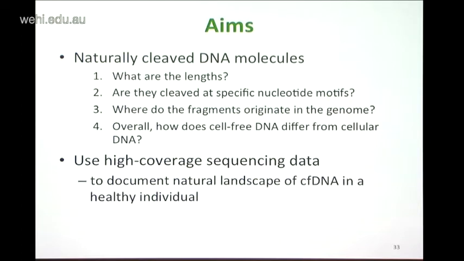We wanted to see what the lengths of these fragments were, whether they were cut at specific sequence motifs, and where they came from in the genome, whether they came from specific places in the chromosomes, etc., and basically document how cell-free DNA differed from cellular DNA. At the end of it, we wanted to get an understanding of what cell-free DNA looks like in a normal person.